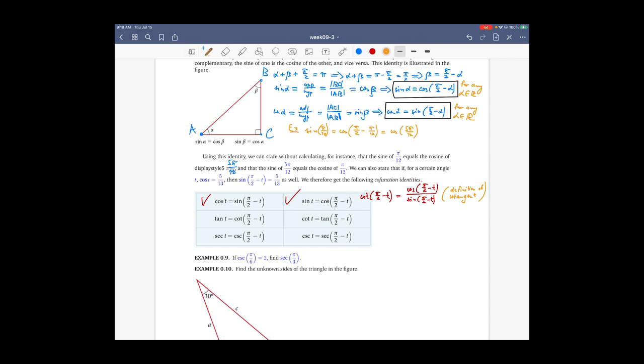And now we apply the co-function identities to both cosine and sine. We have that cosine of pi over 2 minus t is sine t, and sine of pi over 2 minus t is cosine t. That is co-function identities for sine and cosine.